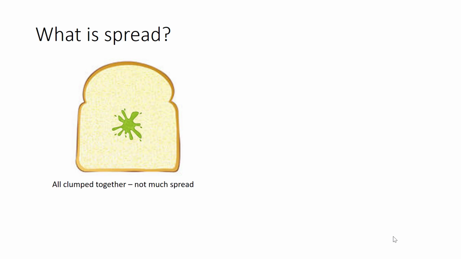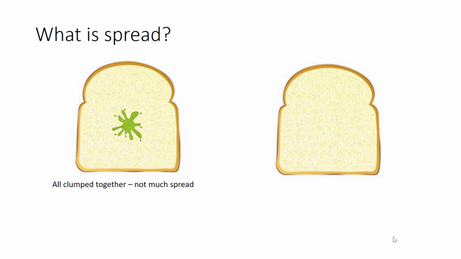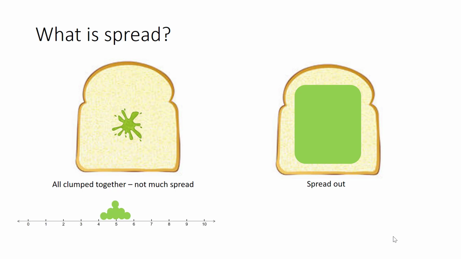As you can see, the spread is all clumped together, so most bites of the sandwich are not going to taste like whatever they're putting on their sandwich. Over here, we have someone who spread out their sandwich spread. And so, as you can see, it's much more evenly distributed so that almost every bite of your sandwich will taste like whatever that spread is.